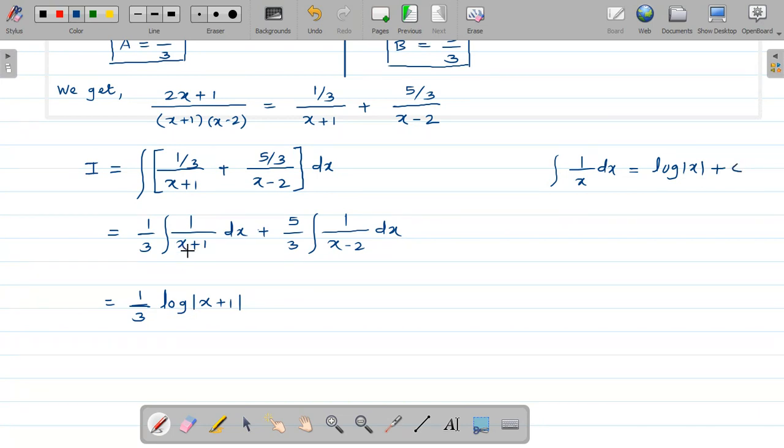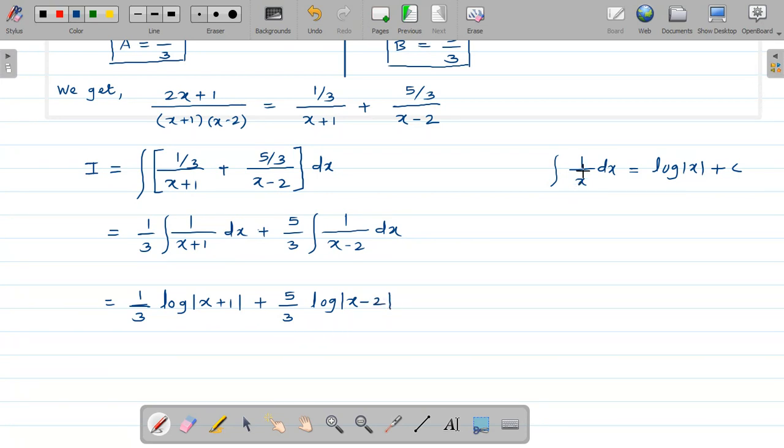Here also it is 1 upon x plus 1. Integration of 1 upon x plus 1 will be log of modulus of x plus 1 plus 5 by 3 as it is into integration of 1 upon x minus 2 is log of modulus of x minus 2.